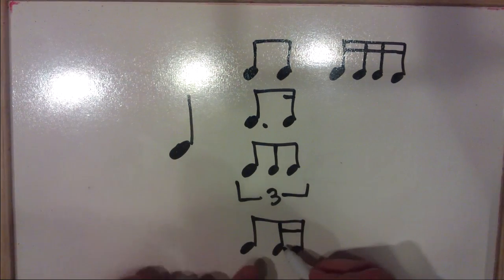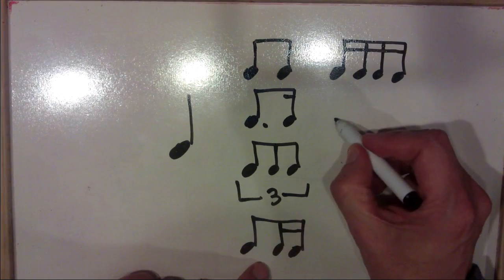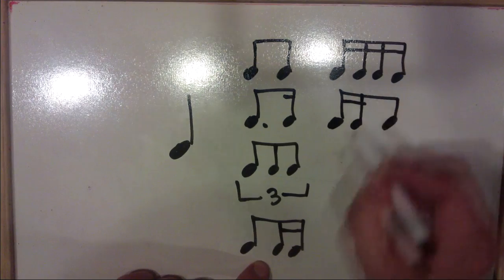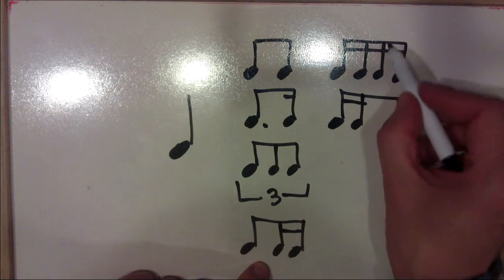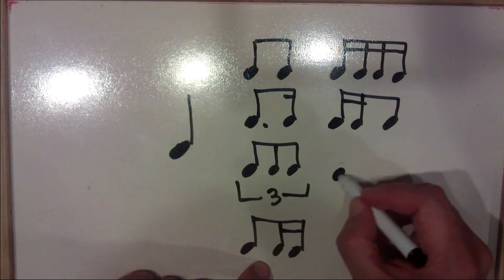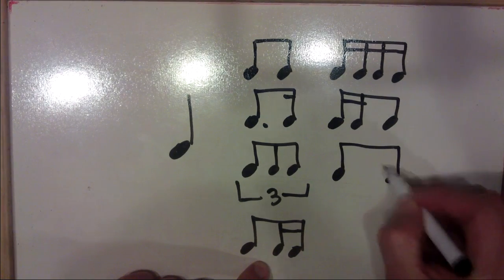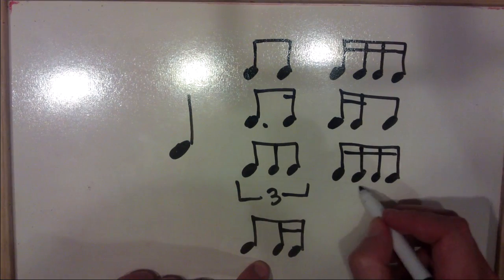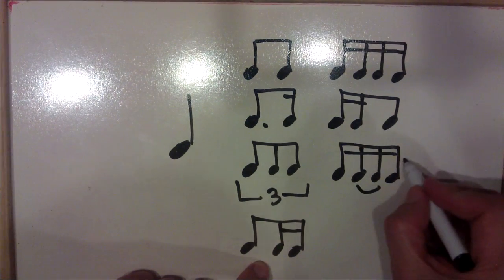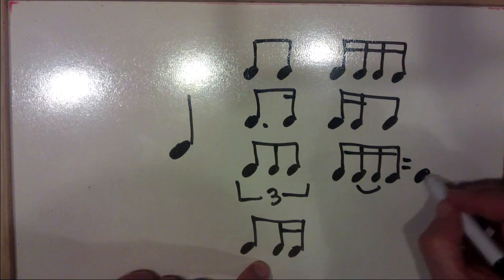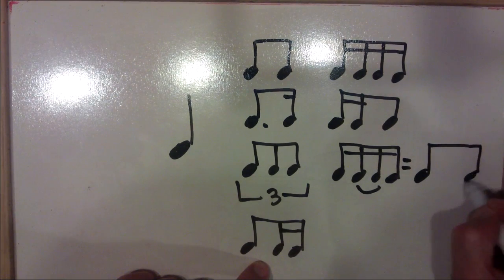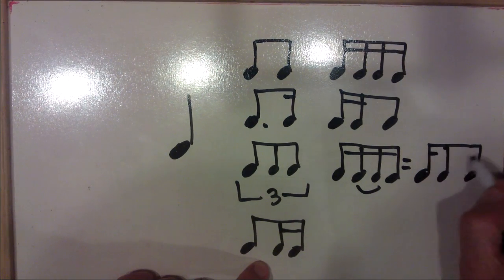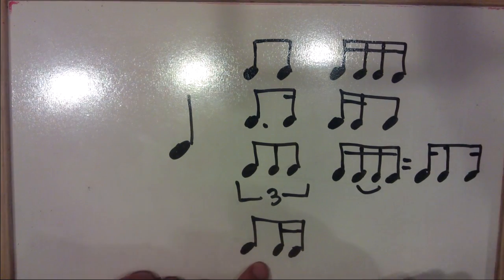Or I can take this and do the opposite of that, this. Or I can take this one and perhaps do this, and that would equal the more common way of writing it, like this.